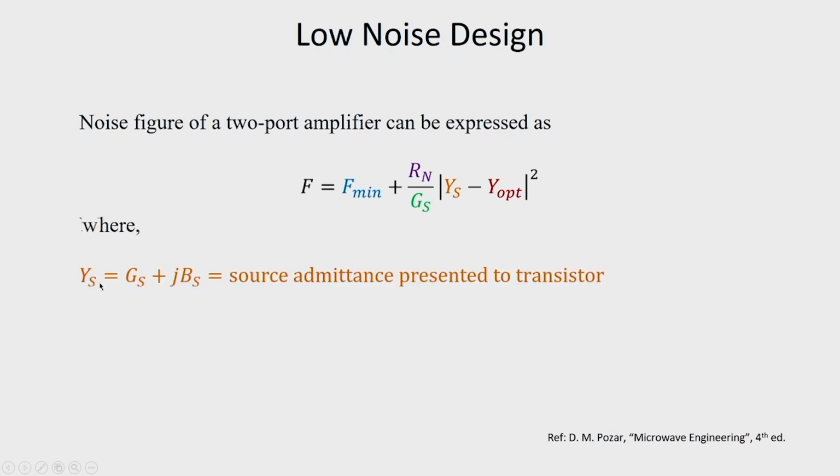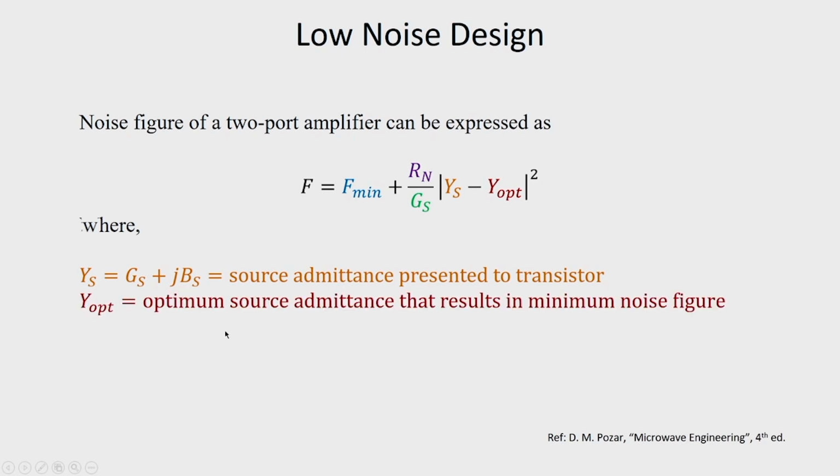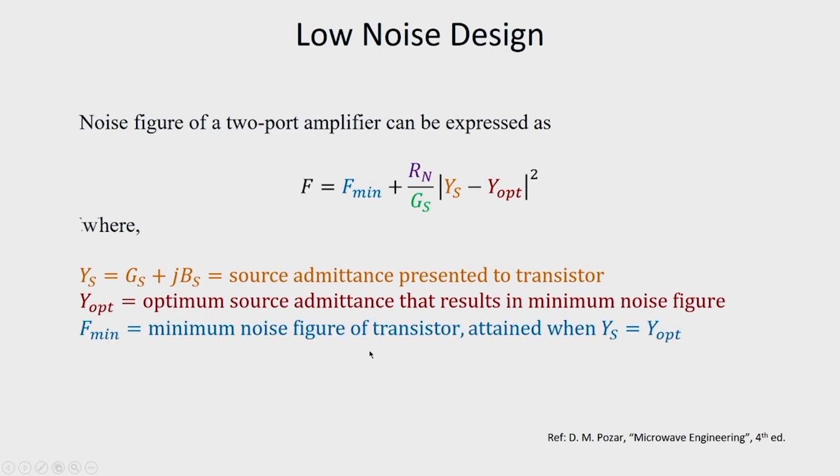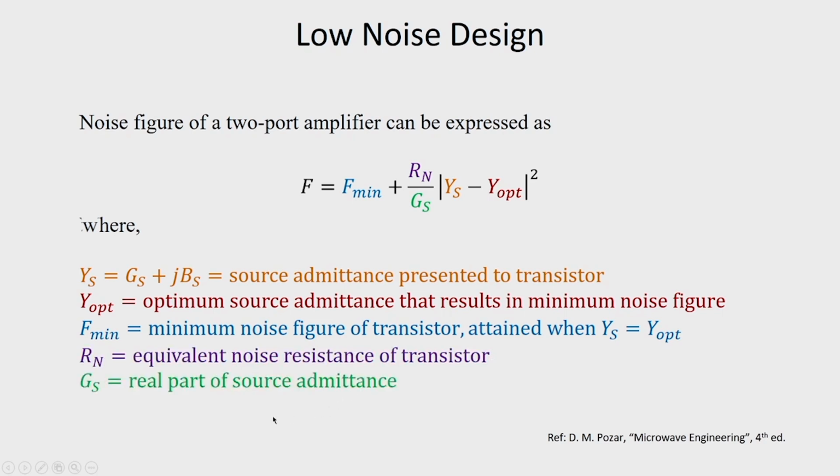Now, this Ys, Gs plus j Bs, is the source admittance, and Yopt is the optimum source admittance which results in minimum noise figure. So, we can see that when Ys is equal to Yopt, F becomes equal to F min, and F min is the minimum noise figure of the transistor, Rn is the equivalent noise resistance of the transistor, and Gs is the real part of the source admittance.